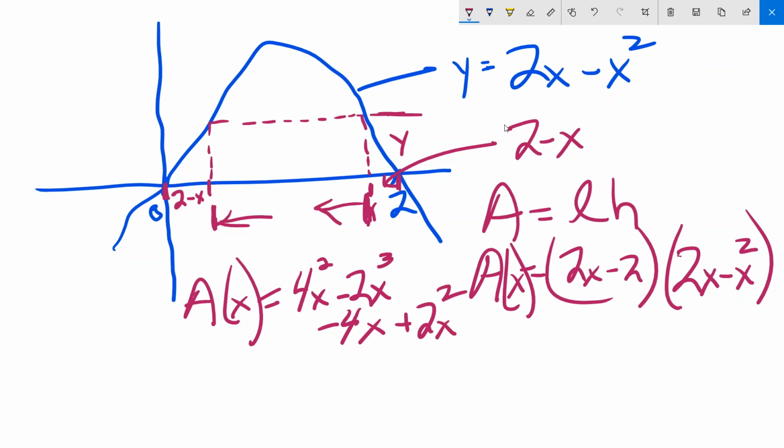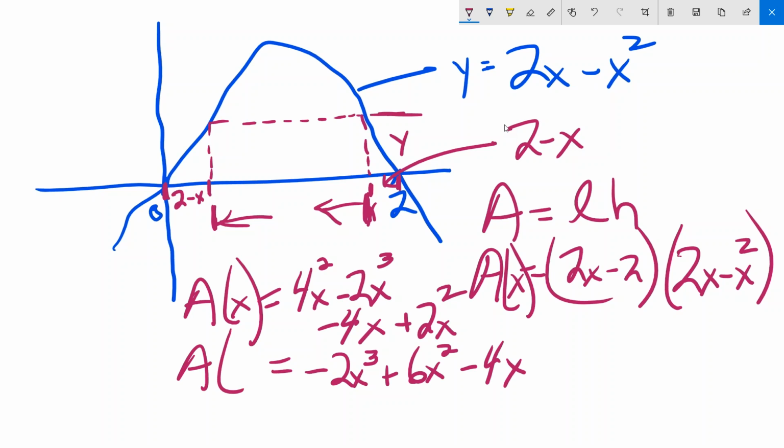If we simplify all of that, we've got a minus 2x cubed at the beginning, plus 6x squared minus 4x, unless I made a mistake in my math. That's what I got. So that is the area as a function of x, simplified. What are we going to do with that?